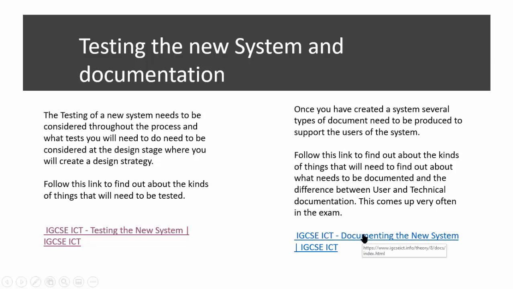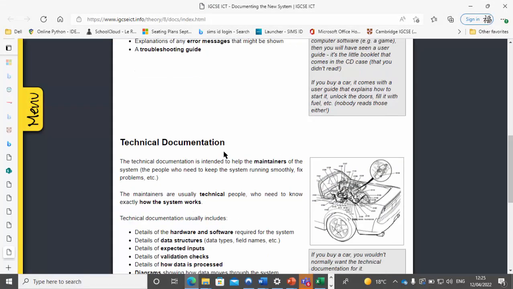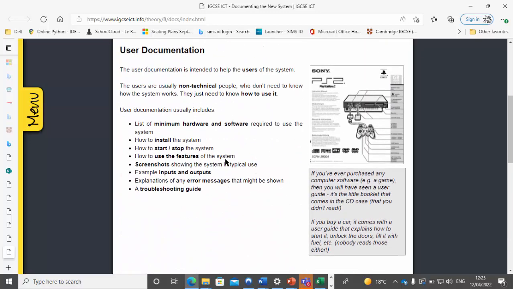Okay. And this comes up 9 times out of 10. So please learn this. It's only 1 page on this link, and it's the different types of documentation that have to be produced to support a system. Now, they're divided into 2 types: user information and technical information.